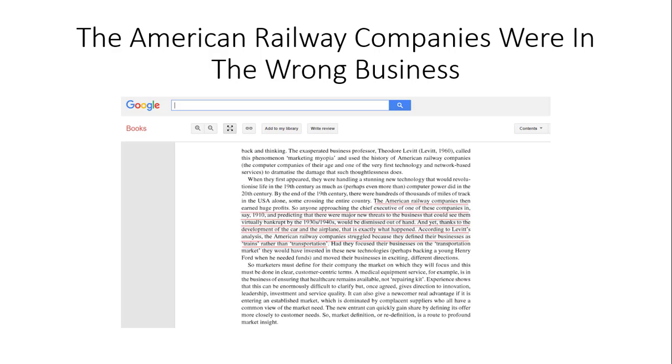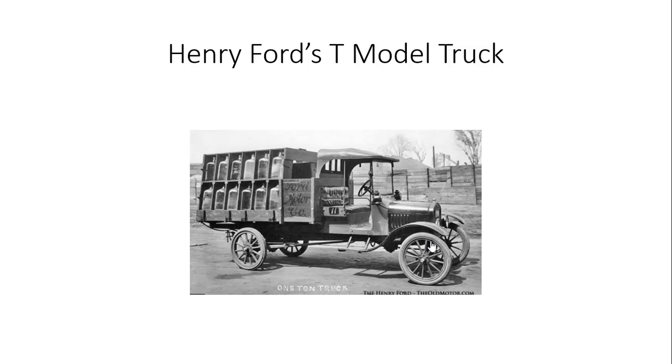They thought they were in the train business, and then a person came out and kicked them out of business. And this guy is Henry Ford. Henry Ford came out with the Model T truck. Think back to the 20th century.